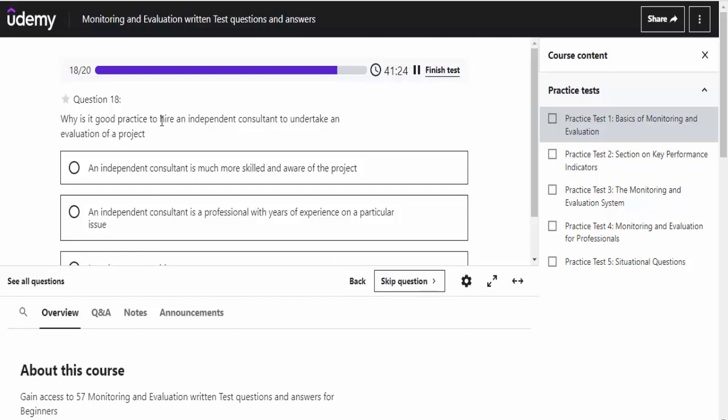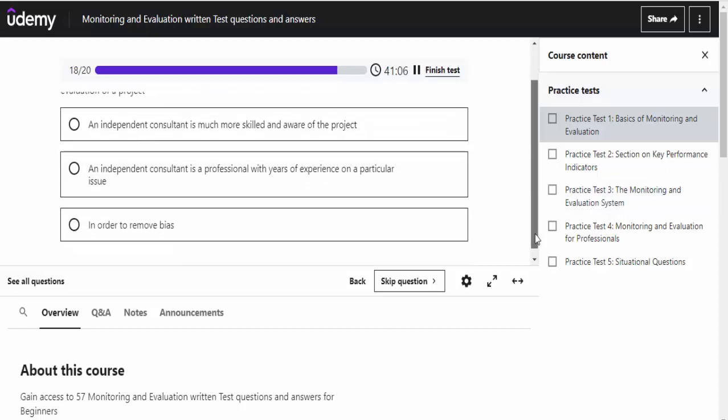Why is it good practice to hire an independent consultant to undertake an evaluation of a project? An independent consultant is much more skilled and aware of the project. An independent consultant is professional with years of experience on a particular issue in order to remove bias. Yeah, it definitely has to be this.